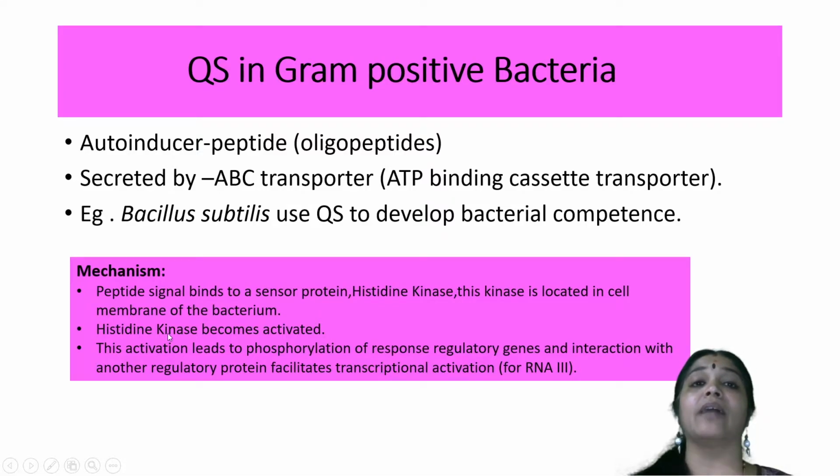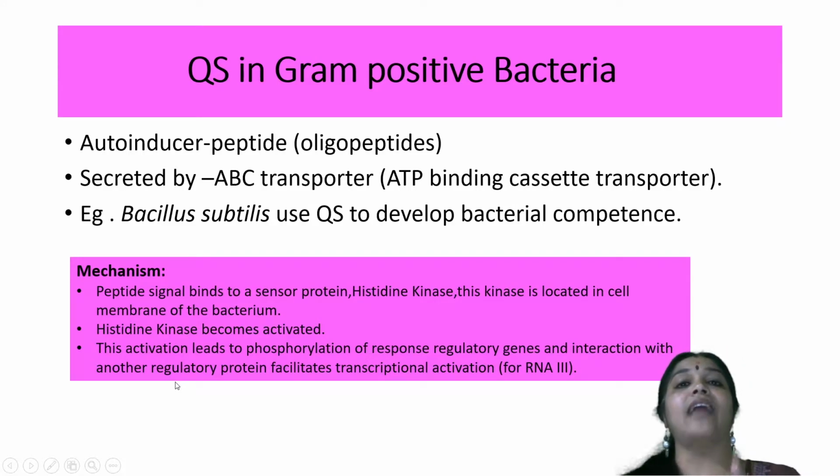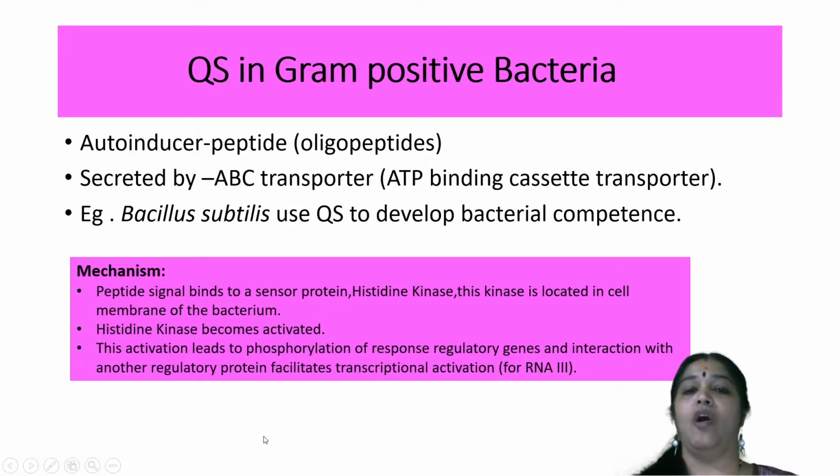Histidine kinase becomes activated, and once this sensor protein becomes activated, it leads to the phosphorylation of the response regulatory genes and interacts with another regulatory protein which facilitates transcriptional activation, obviously RNA3.